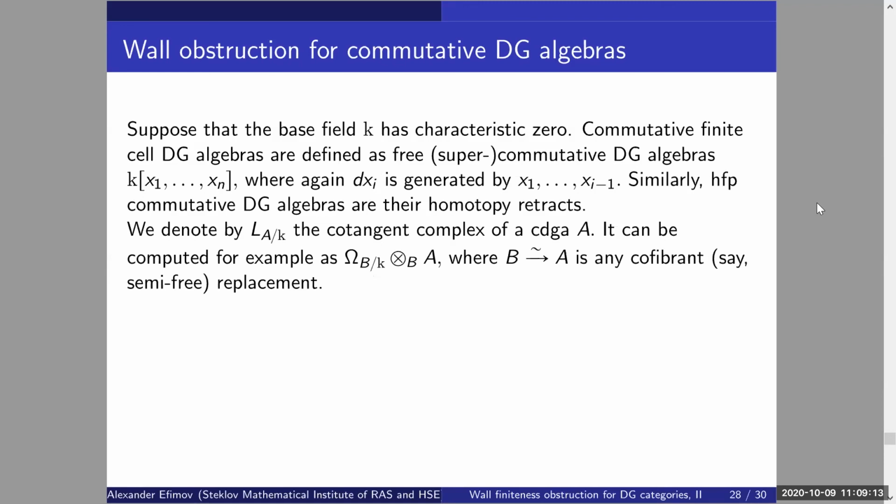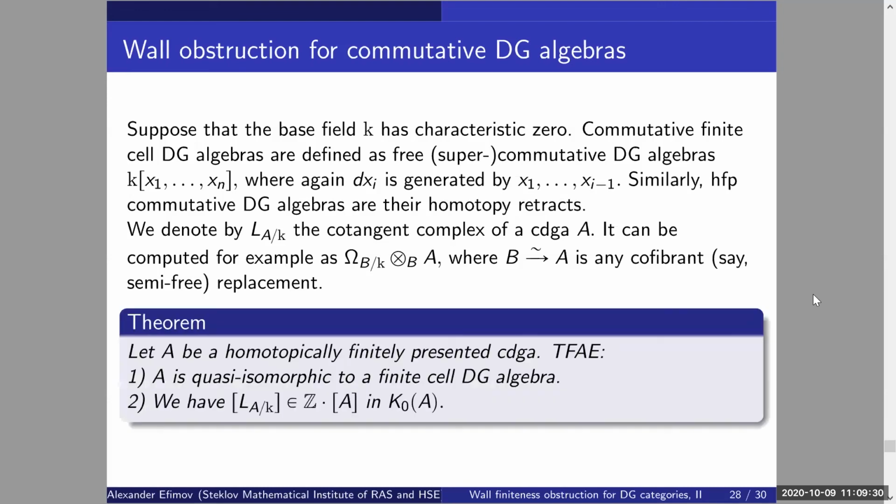So we have the cotangent complex. It can be computed by taking any cofibrant replacement, for example a semi-free replacement, and taking the naive DG model of differentials, and then extending scalars to A. And then we have the finiteness obstruction theorem for commutative algebras.